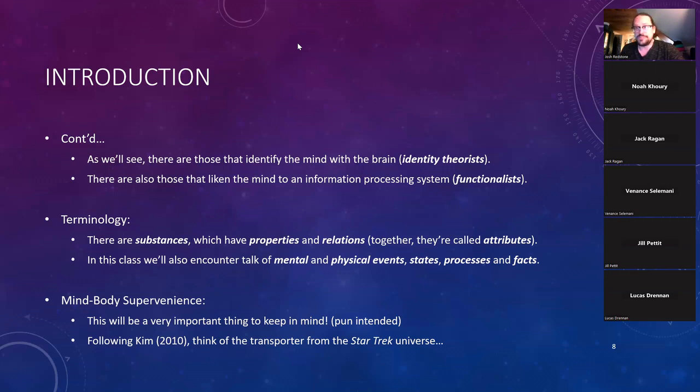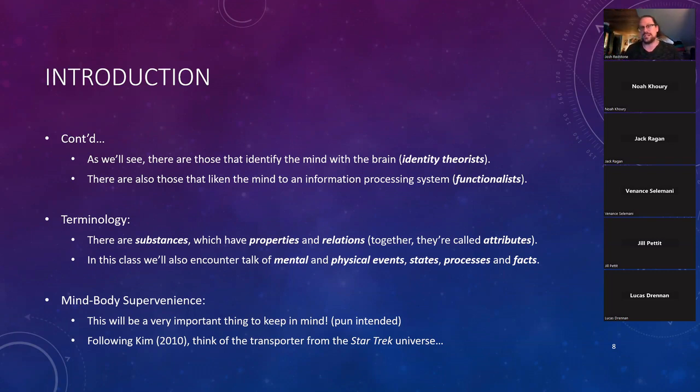The previous concept is multiple realizability. That's the idea that a mind can be realized or implemented using different stuff. So a mind can be realized by a human brain or by a non-human animal brain. The brain of my dog is quite different from my brain, but we both have minds.